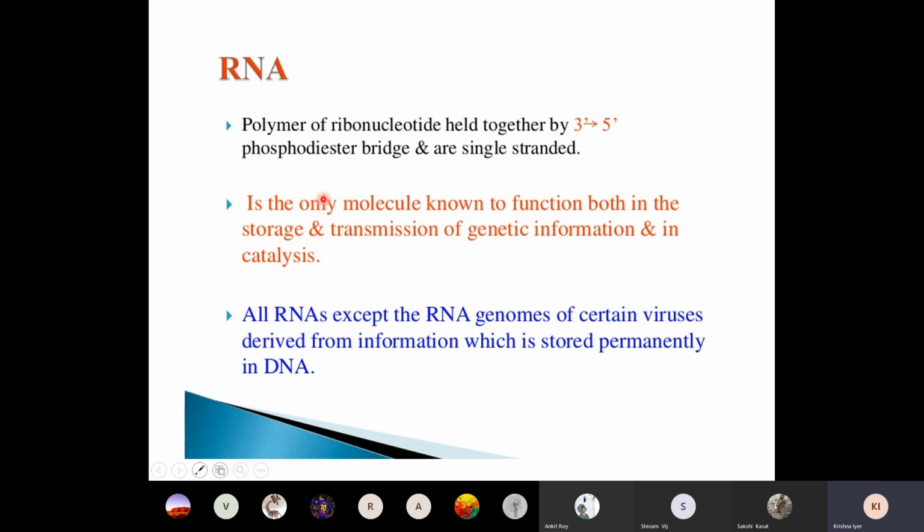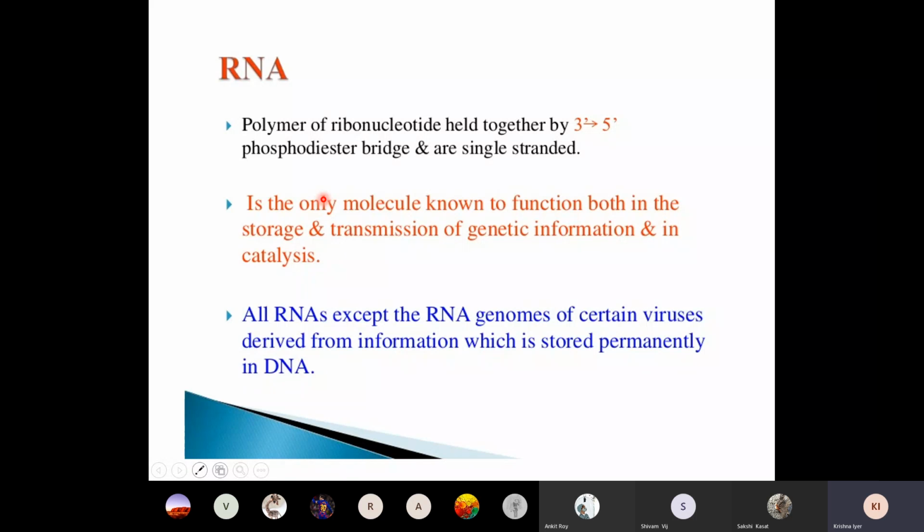But the beauty is that the RNA is the only molecule known to function both as a repository of information, that is, it has a storage function and transmission function, but it also plays a role in catalysis. So it's a very unique molecule because it is carrying information about proteins in it.